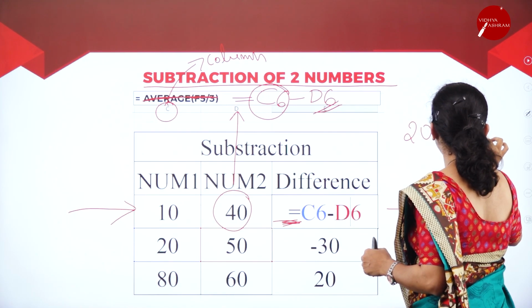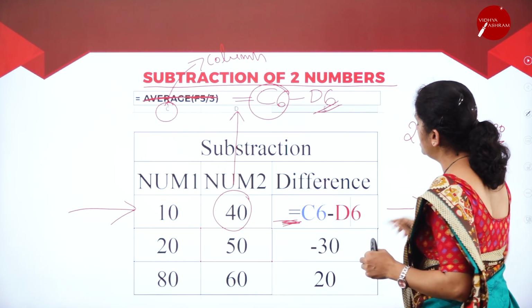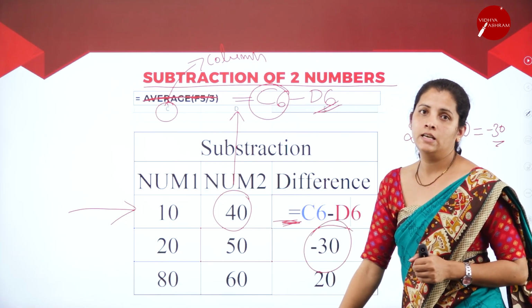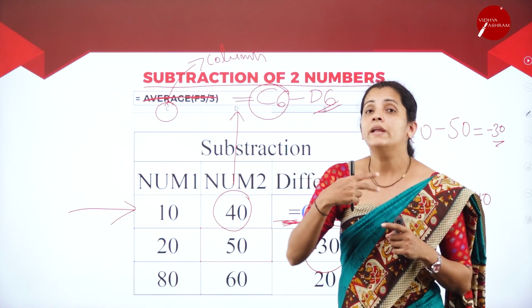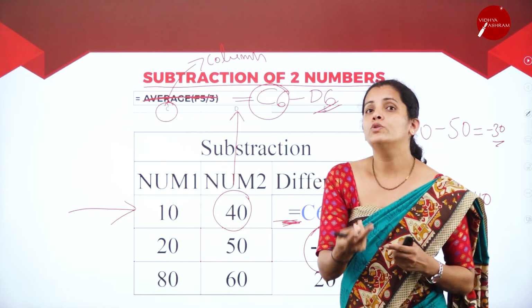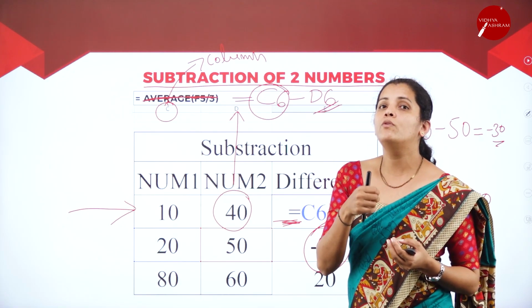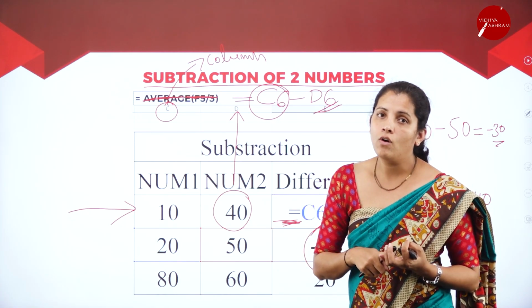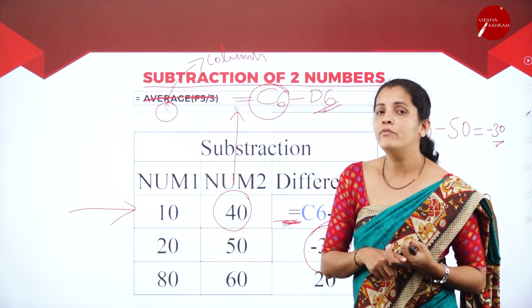What is the value I want to get? That is minus 30. This is the way the user can use predefined functions, or write their own formulas to perform any kind of arithmetic operations or any kind of operation.